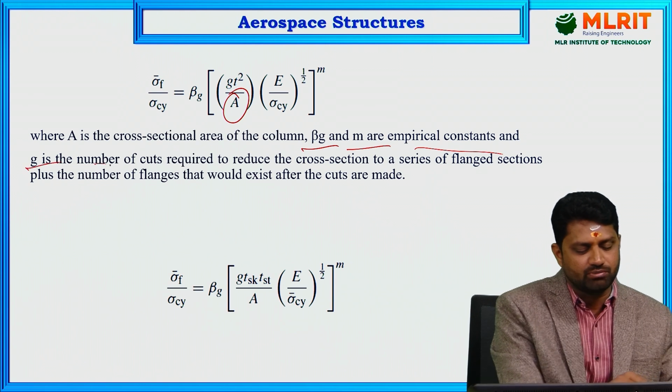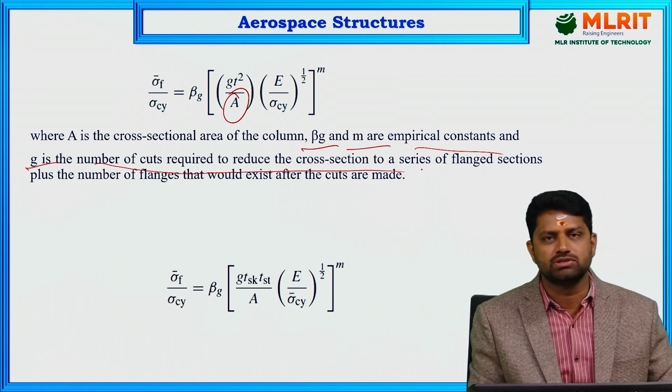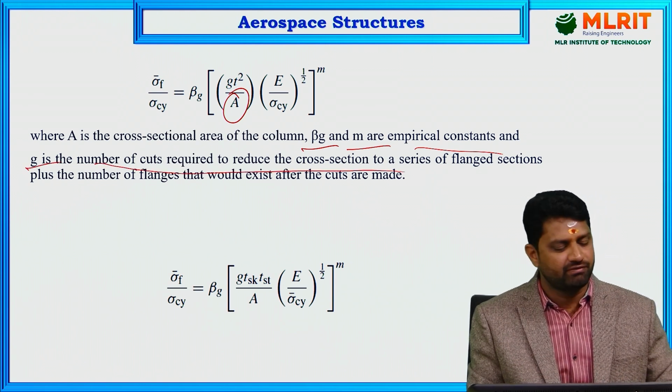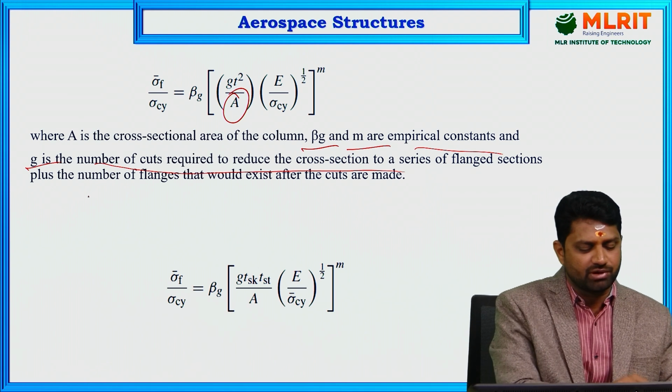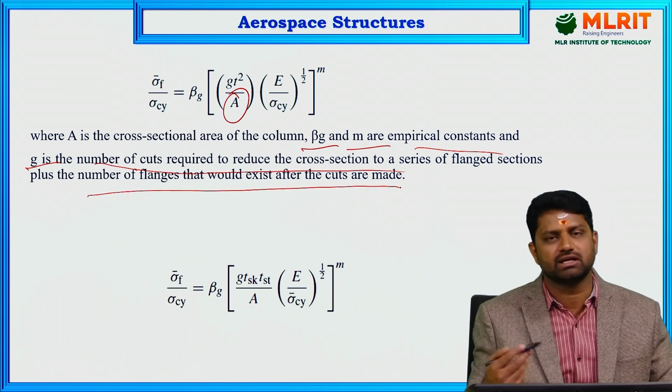G is the number of cuts required to reduce the cross-section to a series of flange sections plus the number of flanges that would exist after the cuts are made.